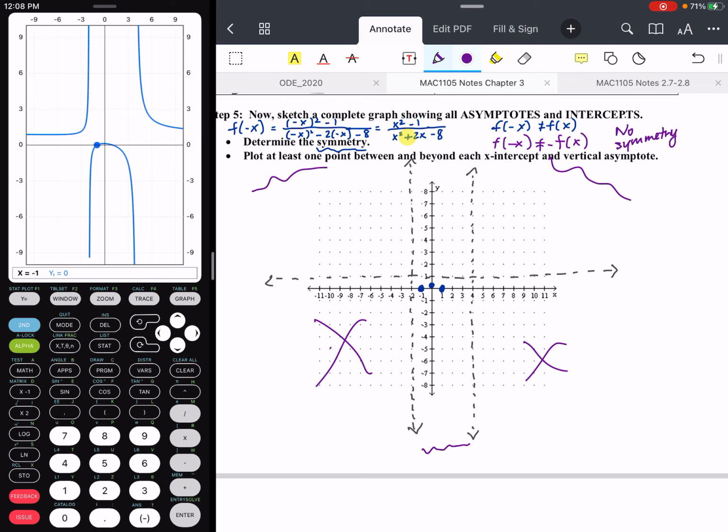So I'm going to look for a couple of points just to guide me to the left of x equals negative 2, points to guide me to the right of x equals 4, and then maybe just a couple of points in the extremes between those two vertical asymptotes. So not an exact science, but I'm just going to pick a few ordered pairs just to give myself the shape of the graph. And if the points that I pick aren't good, then I'll pick new ones.